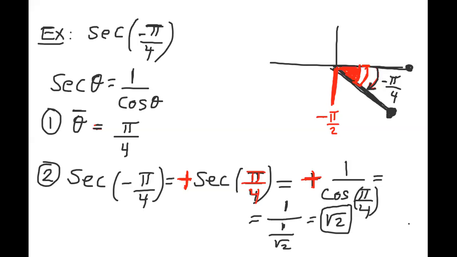Now we know the value for cosine pi over 4 from the table: it is 1 over square root of 2. So this is 1 over 1 over square root of 2, and by using the first chapter, this is equal to the square root of 2.